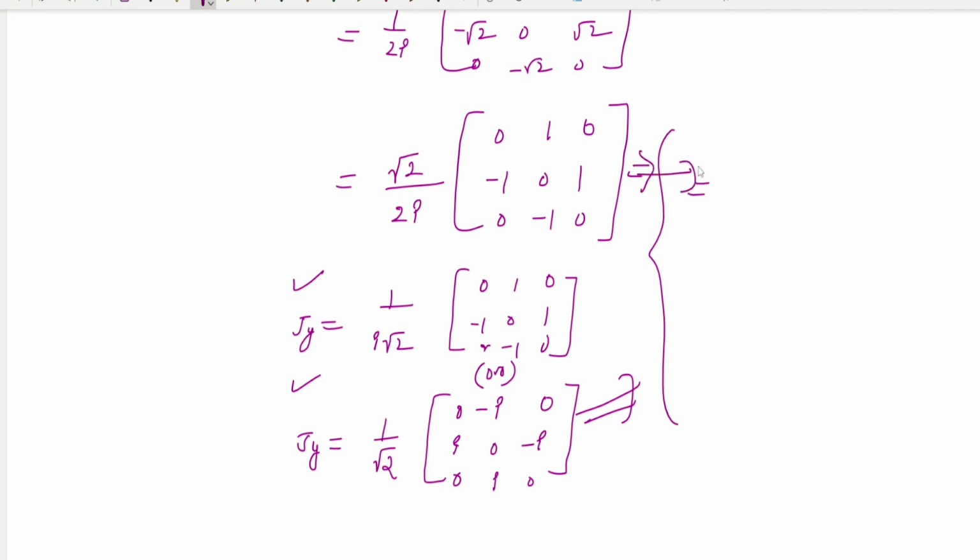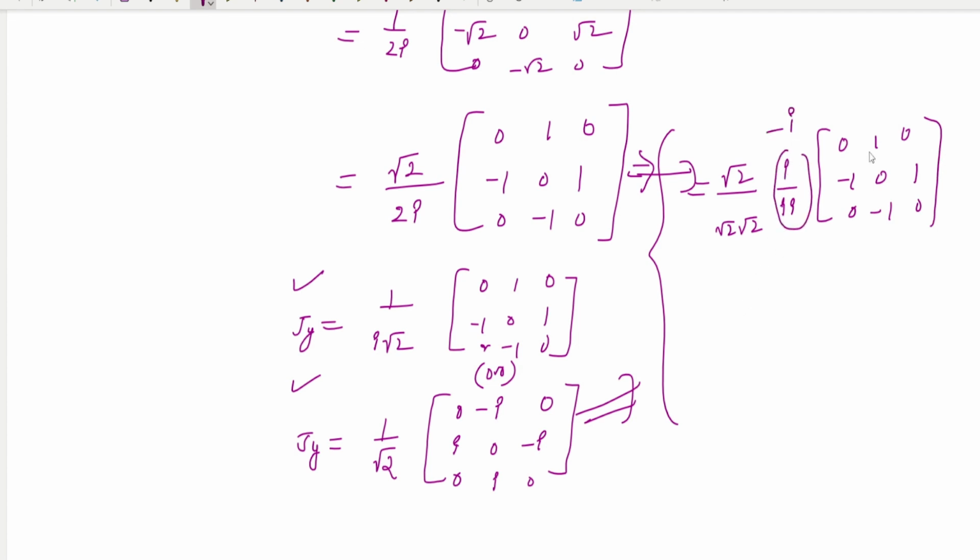This is root 2 already, root 2 in the denominator and root 2 is there. I'm going to multiply by i here and i here. Here already i is there, right? So this is i square. The answer is 0, 1, 0; minus 1, 0, 1; 0, minus 1, 0, and this is i square, so this entire thing is minus.